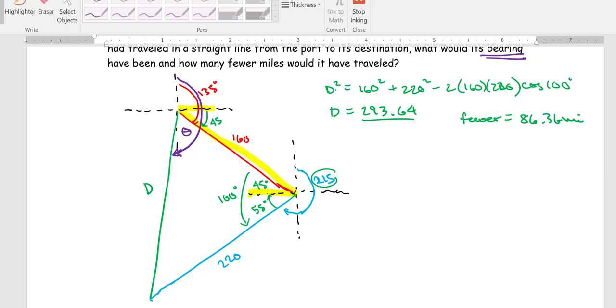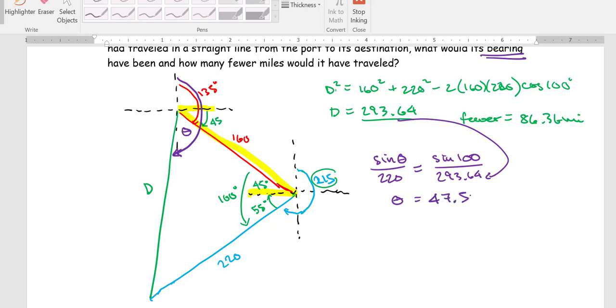I can use the law of sine for this. The sine of theta over 220 is equal to the sine of 100 over the side that we just found, 293.64. I'm going to use inverse sine to find theta, and it's going to be 47.55. So this angle is 47.55.